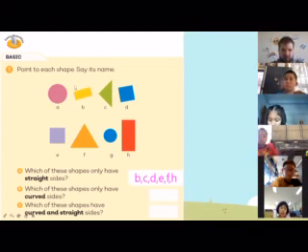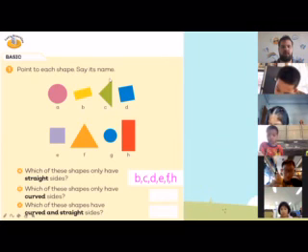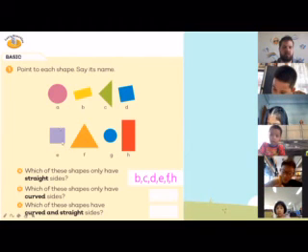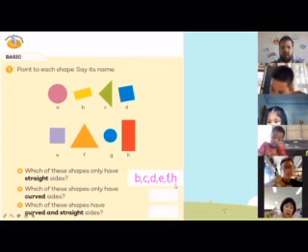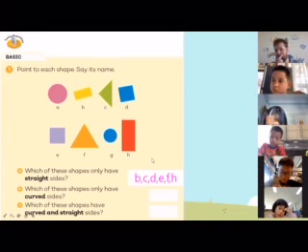So B, our rectangle has straight sides. C, our triangle has straight sides. D, our square has straight sides. E, our square has straight sides. F, our triangle has straight sides. And H, our rectangle, has straight sides.